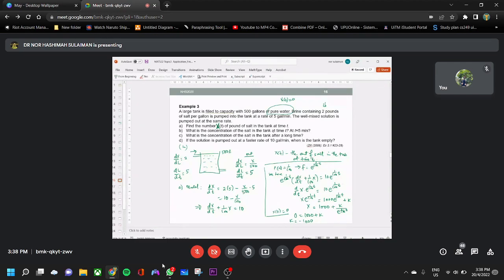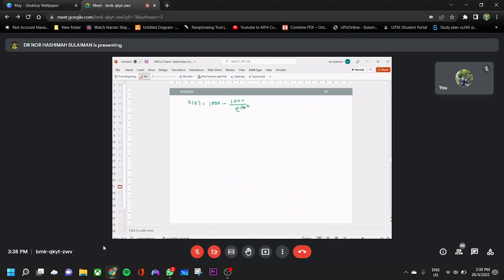Alright, what is the concentration of the salt at time t? Now, how do you calculate the concentration? The concentration. Sorry for the sound, ada sound effect pula tu, dengan drill apa tu. Concentration. Macam mana kira concentration? C of t equals x of t divided by the volume kan? Yeah. Okay, so kita ada apa ni? 1000 minus 1000.